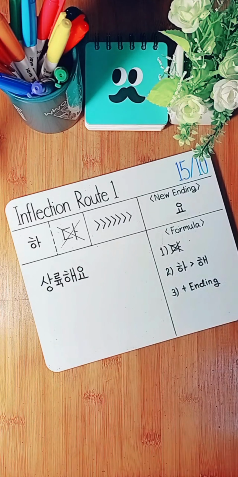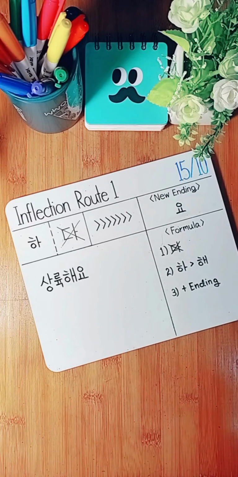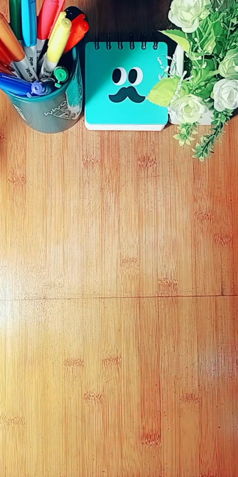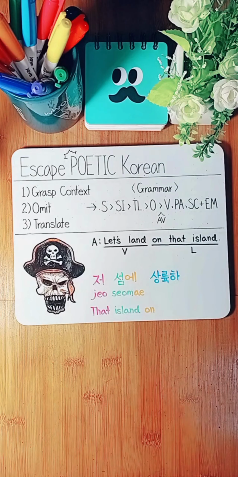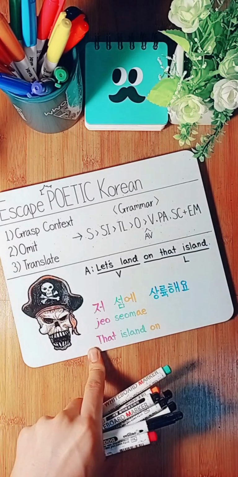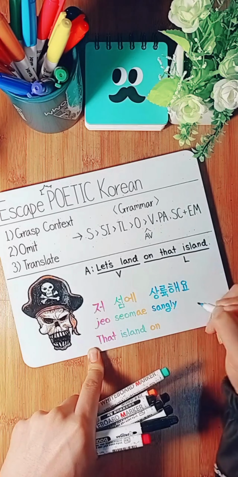It's already implied. Because right now, let's think about the context, the situation. A and B are on a ship together. They were running away from a pirate ship, and now they finally found an island that they can land on. In that case, if someone says land, of course they're saying let's land, because both of them have to land. Okay, so we're just going to say land, and the context and situation will change it into let's land.